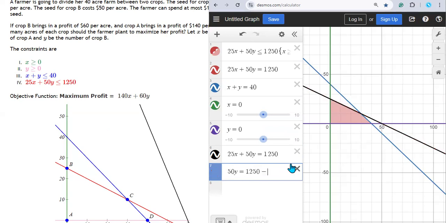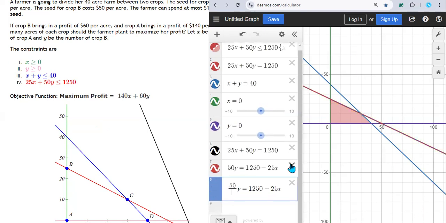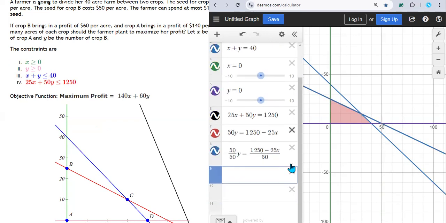If I do it to the left side, I got to do it to the right side. And then I divide both sides by 50. If I do it to the left, I got to do it to the right. 50 divided by 50 is 1, and 1 times y is y.